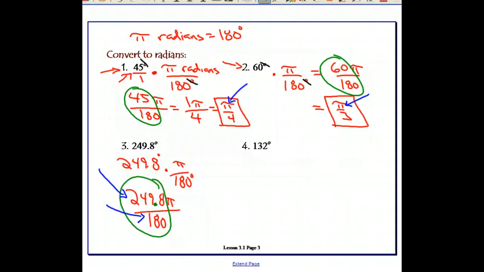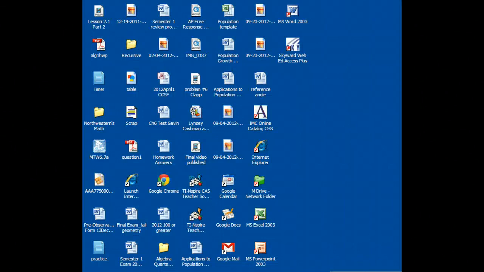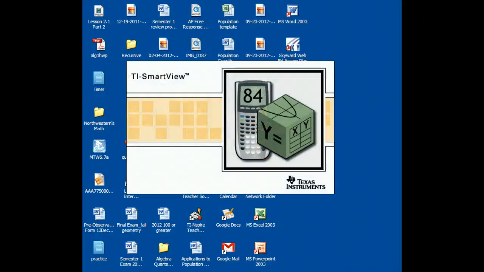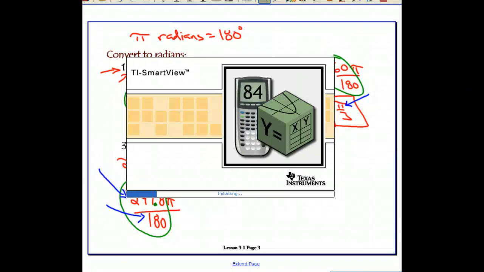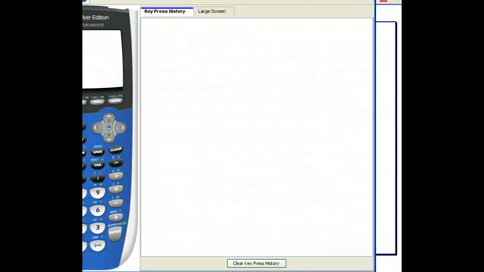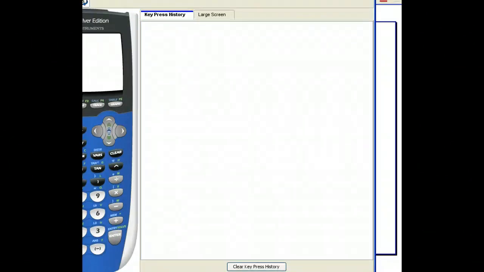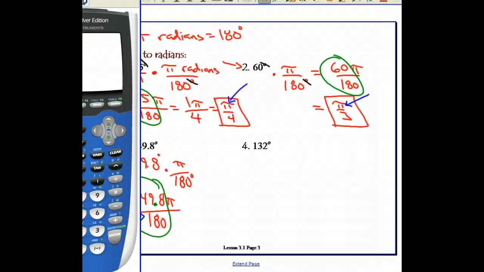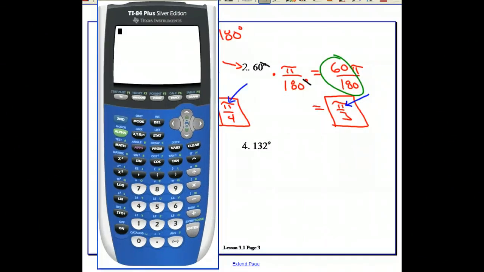And I got to pull up the calculator quick, and let's get this one. All right, the calculator will show up in a second. I'll show you what I'm talking about. And it's not consistent, but it's just the rule that we use in trig when it comes out nicely. There's a full calculator for you.